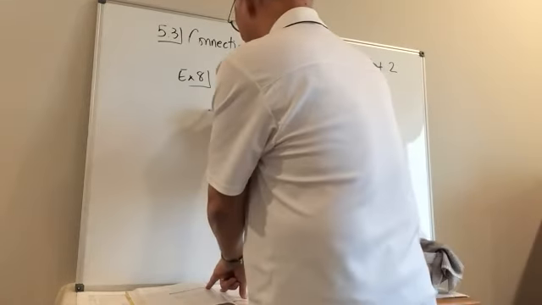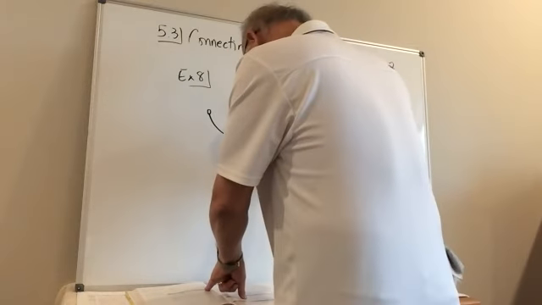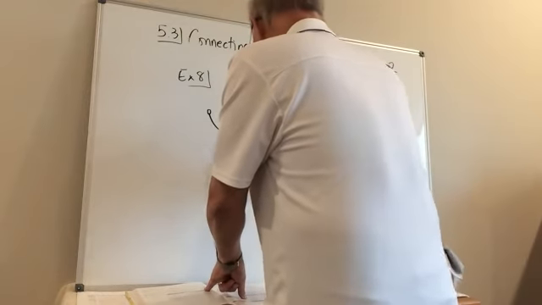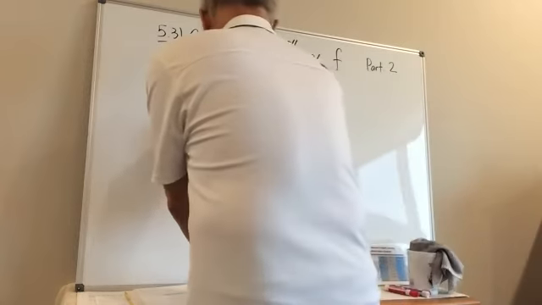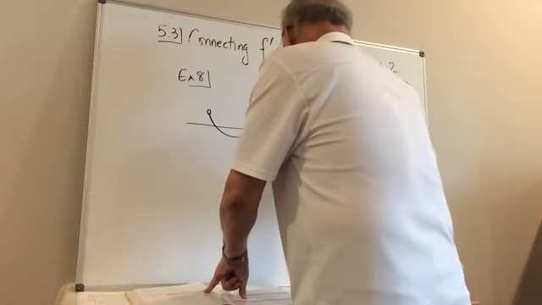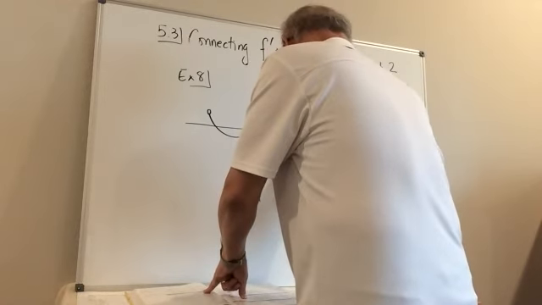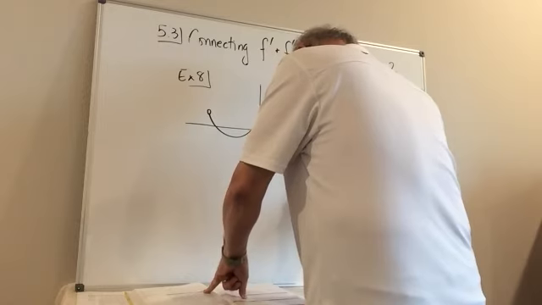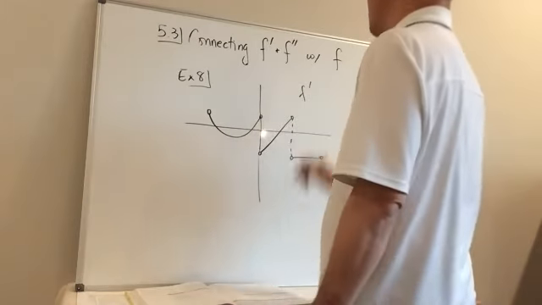So 5.32, we have a graph that looks like this. So this is your f prime here, right? This is your f prime.